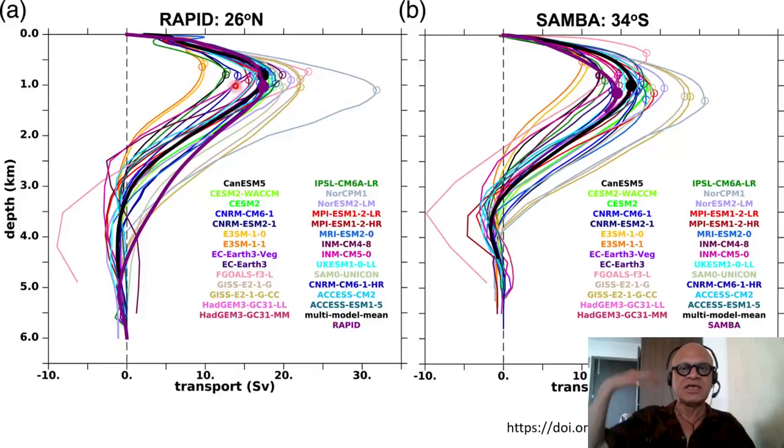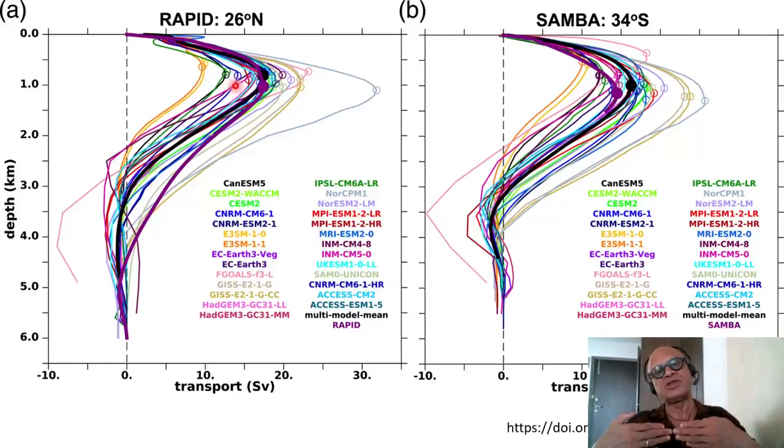Obviously, this means the amount of heat being transported and the northern hemisphere southern hemisphere exchanges, which would affect the location of the intertropical convergence zone, for example, which means it would affect the Walker cell, the Hadley cell, and the entire climate system.